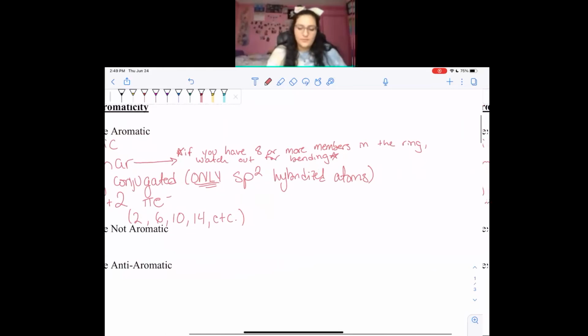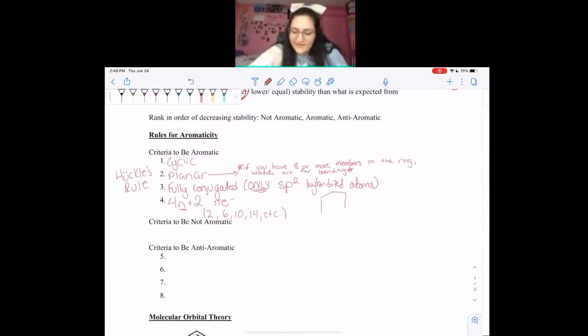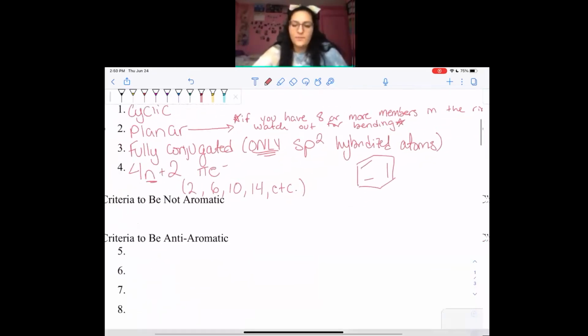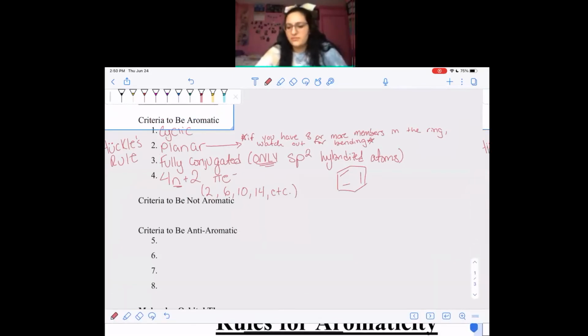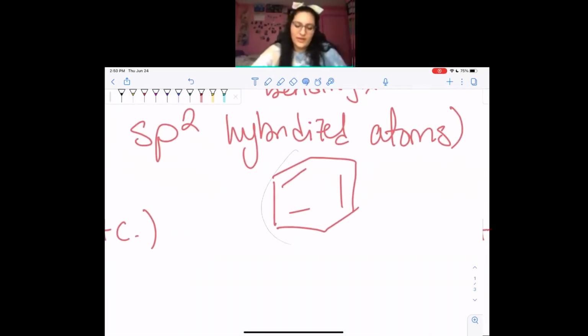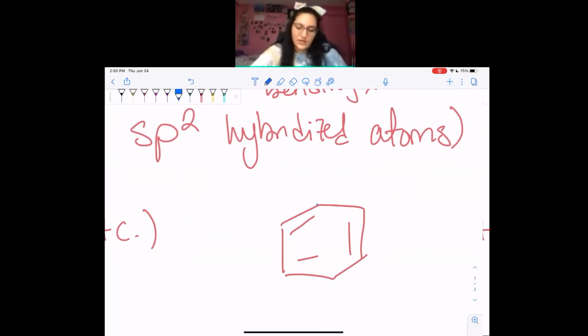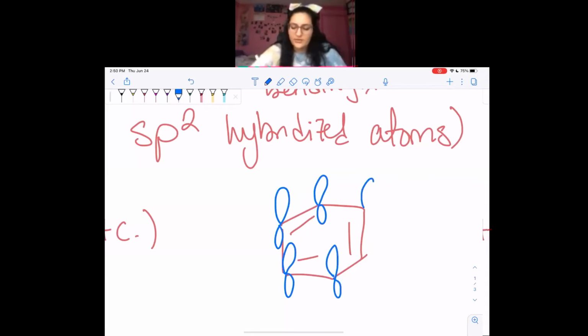For example, we have our best pal, benzene. Benzene is cyclic. It's fully conjugated, which is going to mean planar. And let's count the number of electrons. So we know that in the p orbitals, we're going to have 1 electron per double bond. And I know this is going to look overwhelming when I draw all the orbitals, but we did this in MO theory. So you guys are good. You know it. It's not scary.